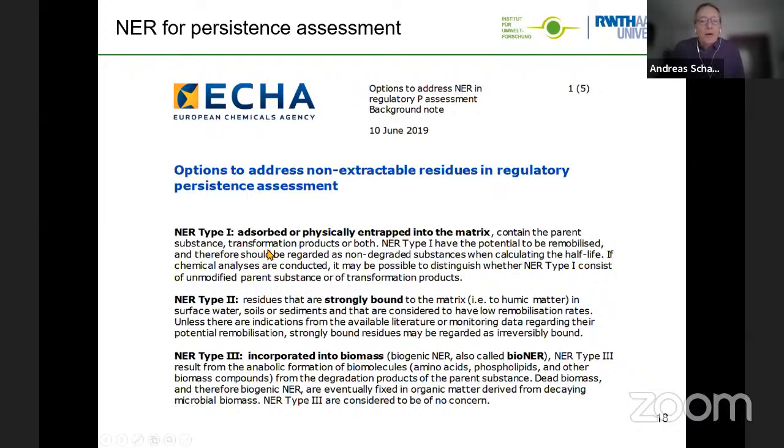They contain the parent compound, transformation products, or both. Okay. The other types are not environmentally relevant because they are strongly bound and are not released under natural conditions, and these type 3 are incorporated into biomass, so they are natural compounds and are of no concern.